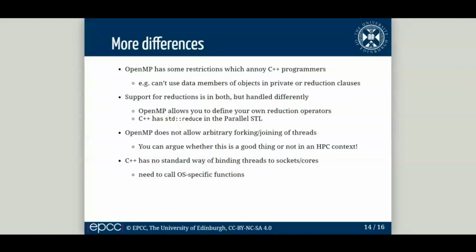Okay, there are more differences. The reductions are different in both. Also, regarding the forking or joining of threads, you can have an adaptive algorithm that depends on the workload. Now there is also the matter of energy efficiency, where you see that with 4 threads it works better than with 8.